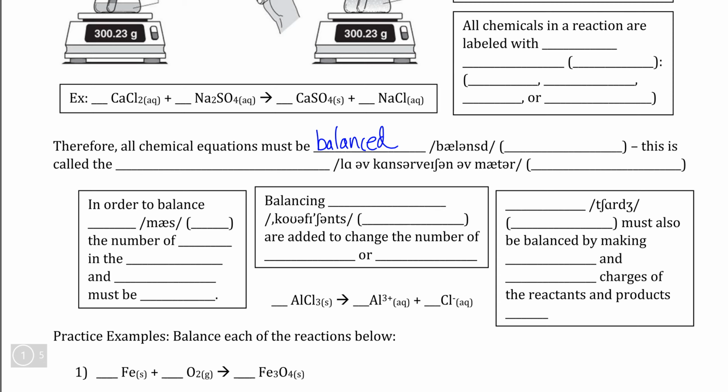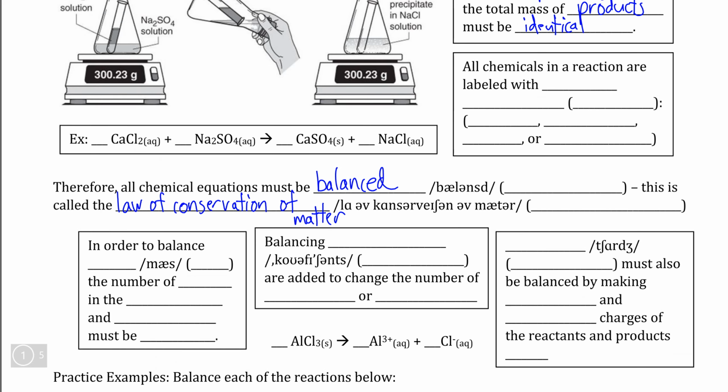And the foundation about why this must be true is what we call the law of conservation of matter, also known as the law of conservation of mass, because the amount of matter which we can measure by mass from the reactants to the products doesn't change.